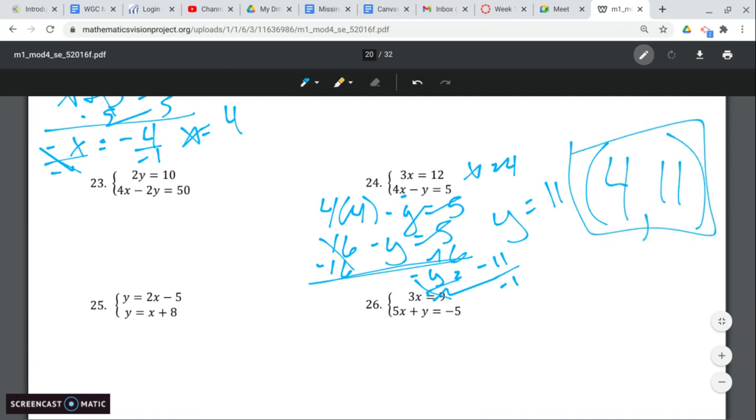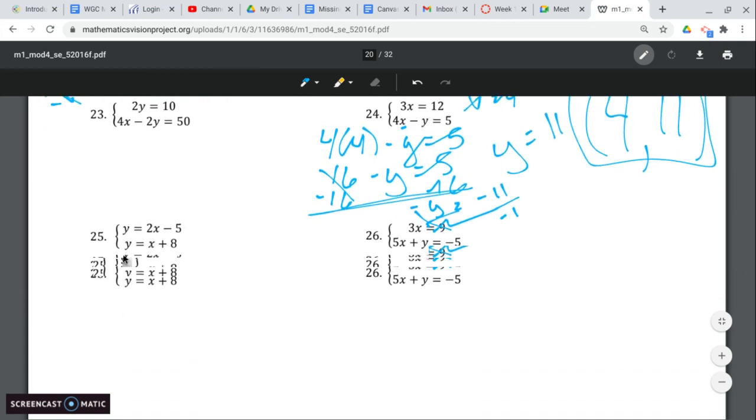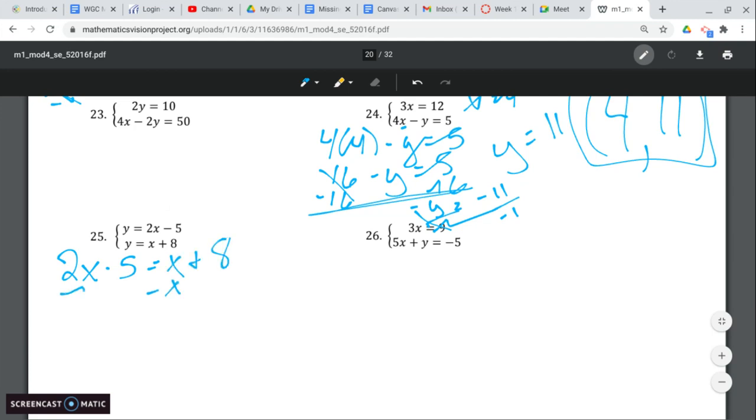This is your answer. And then 25 is different than all of them. In this case, both equations are y equals 2x minus 5 and y equals x plus 8. Because they both equal y, that means we can set them equal to each other. So we have 2x minus 5 equals x plus 8. Subtract the x. So we have x minus 5 equals 8.